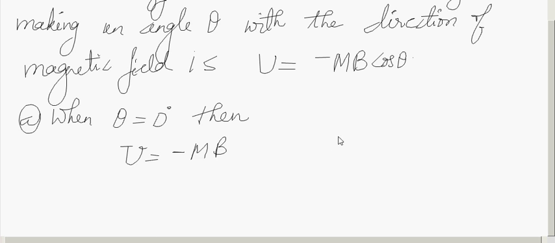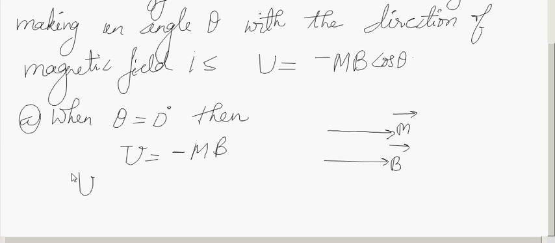This is the case when m and B are parallel to each other. So when a bar magnet is placed with its dipole moment parallel to the direction of the external magnetic field, it possesses minimum potential energy.